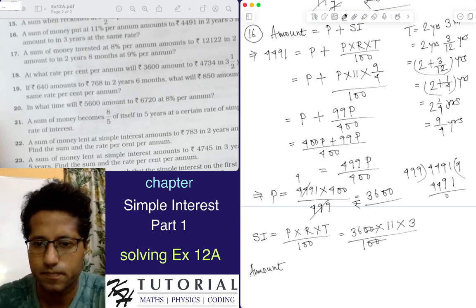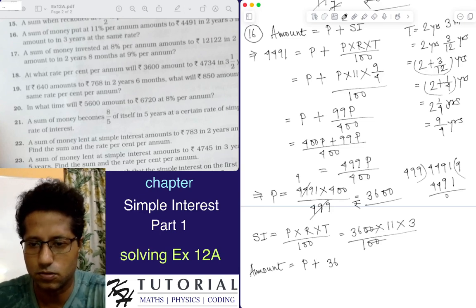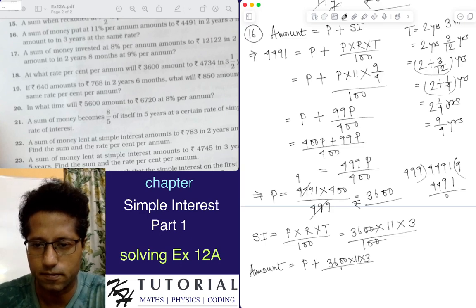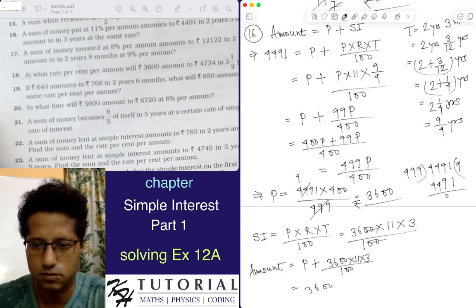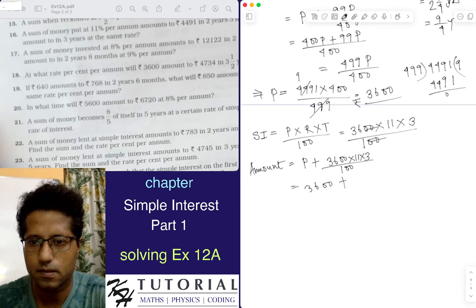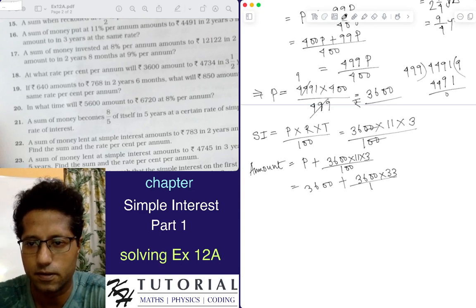That amount is the P plus the simple interest in 3 years, which we have found to be 3600 multiplied by 11 multiplied by 3 by 100. Now P we already know is 3600, plus we have 3600 into 33 divided by 100.